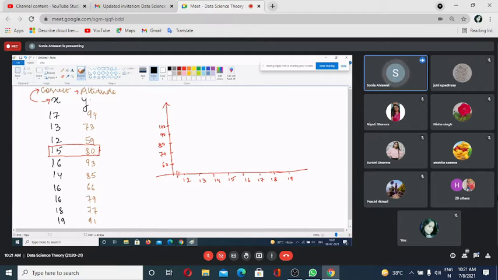At 12, the value is coming out to be 59. So the point is somewhere here. At 13, it is 73, so it will be somewhere here. At 14, the value is 85, so it is in between these. At 15, it is 80.